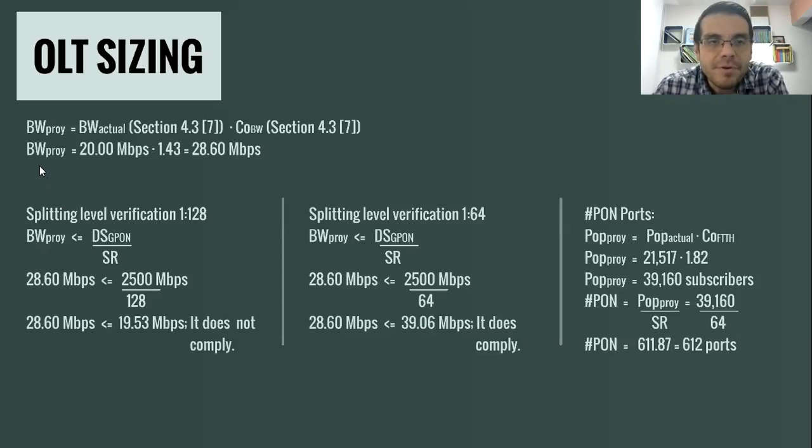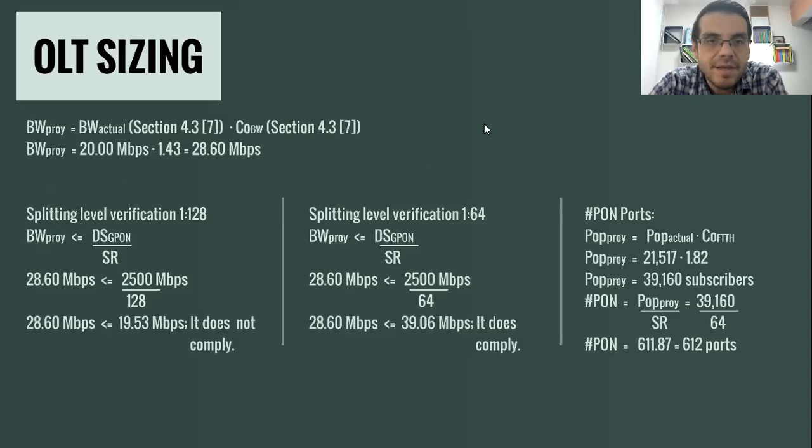The bandwidth projected in our previous article, like we mentioned in the paper with a case study, is that each subscriber will need 28.60 megabits per second by 2023. It's not even far. So we have to do this splitting level verification.